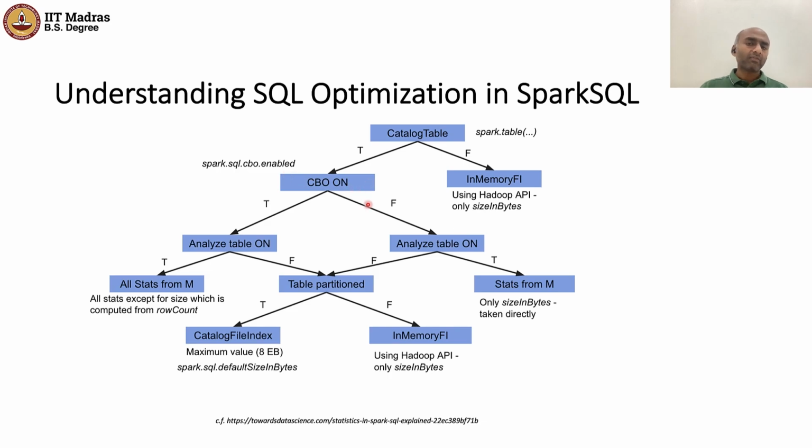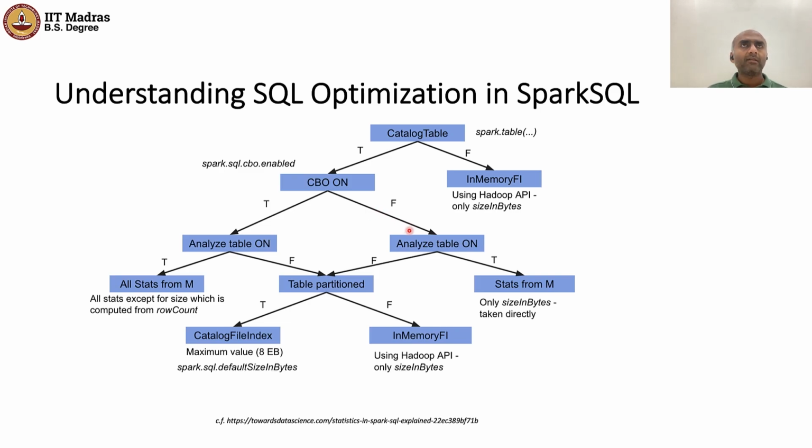In fact, even if the CBO is off, the analyze table status is looked at. That's why I emphasize that analyze table is something you want to do. That's one of your best friends in order to get the best performance, and the reason for that is exactly this. So in either case, the analyze table flag is checked.